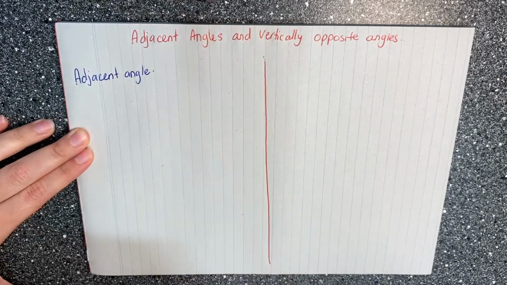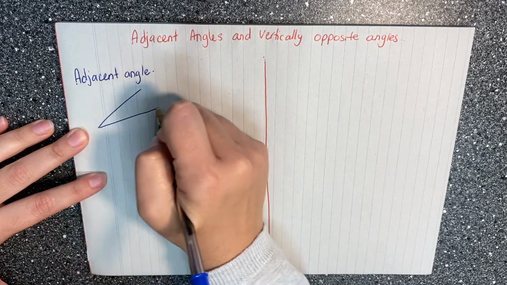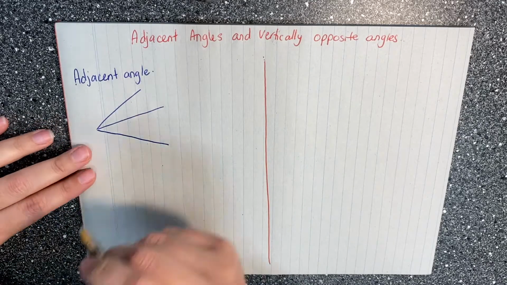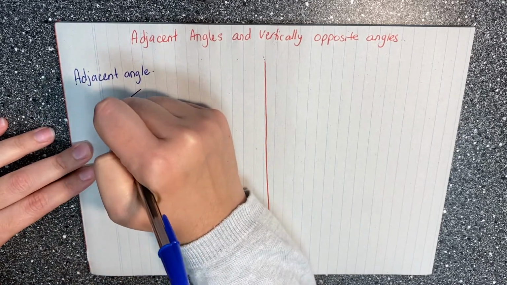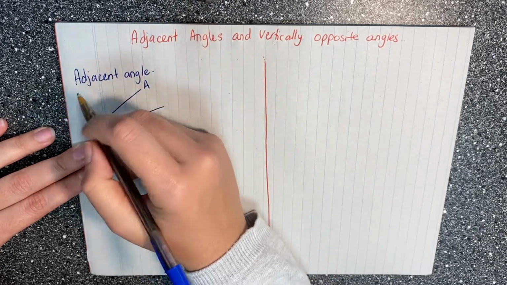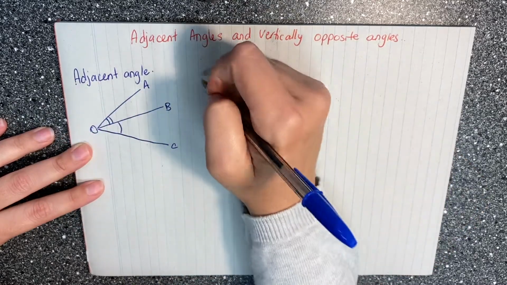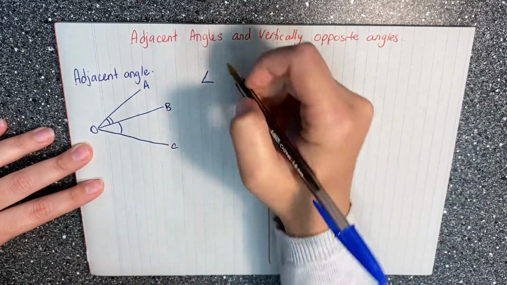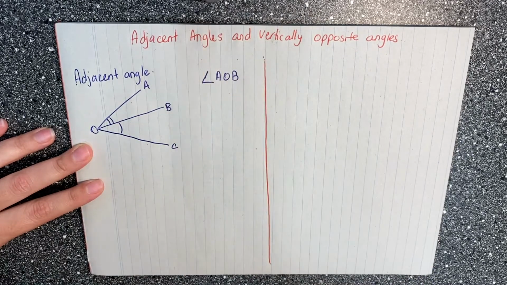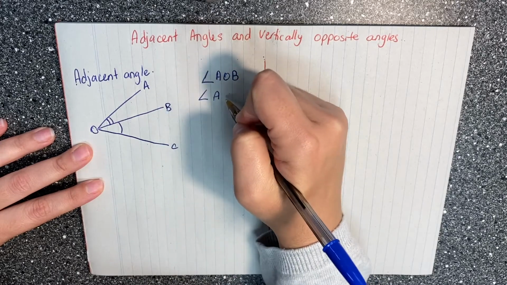An adjacent angle. Adjacent pretty much means an angle that is right next door to another angle. So let's take, for example, angle AOB, which would be adjacent to angle BOC.